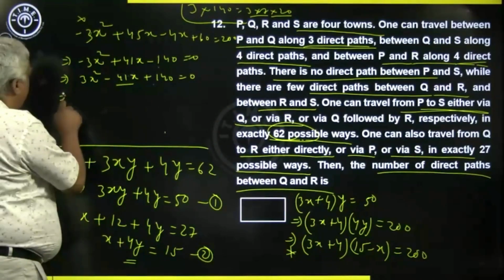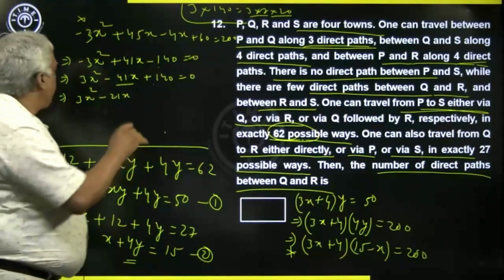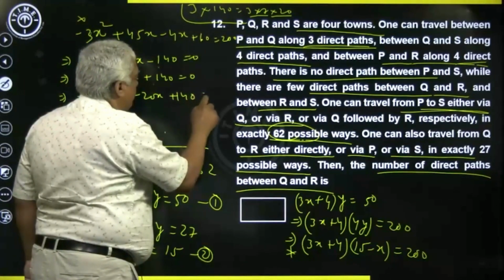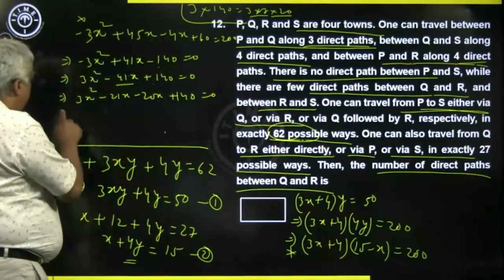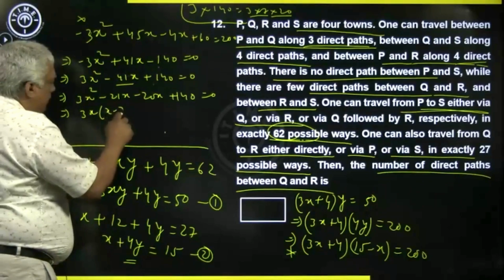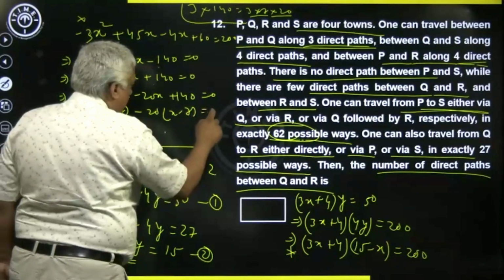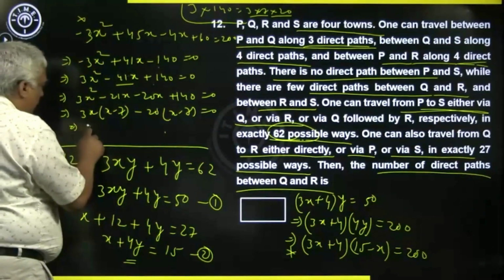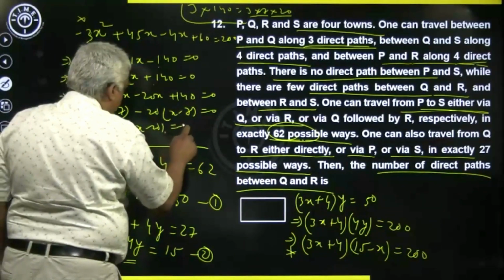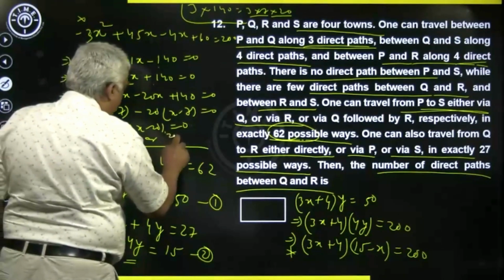So we can write it as 3x square minus 21x minus 20x plus 140 equals 0. Here 3x is common, so 3x(x minus 7) minus 20(x minus 7) equals 0. So (x minus 7) into (3x minus 20) is 0. So x is either 7 or 20 by 3.